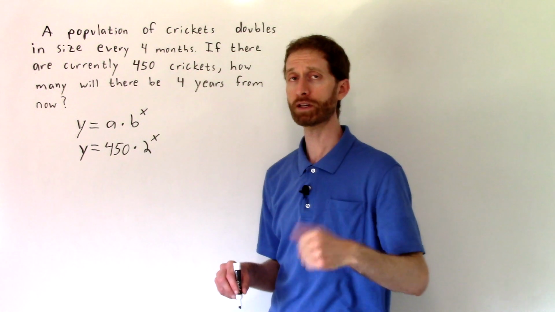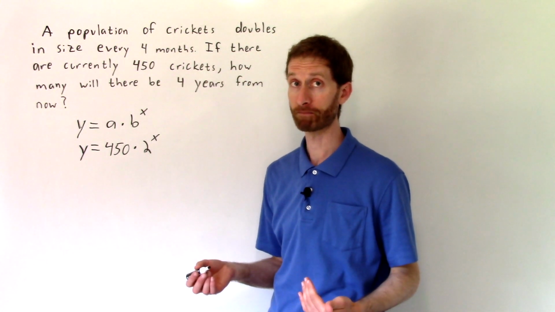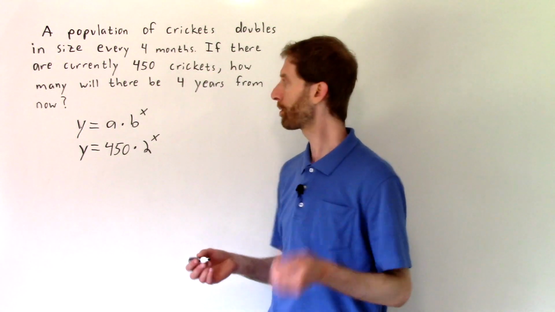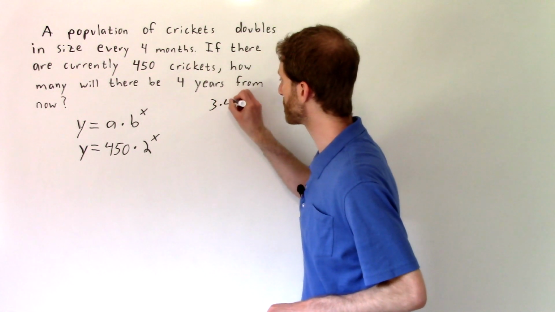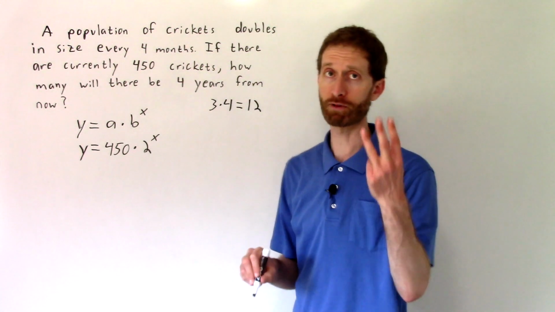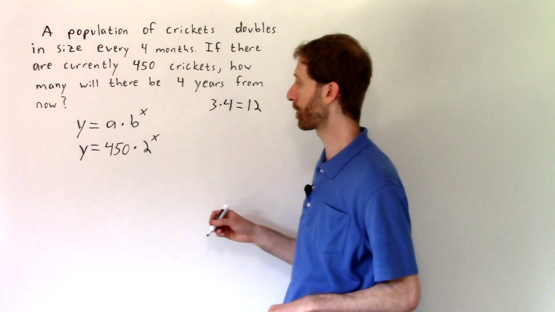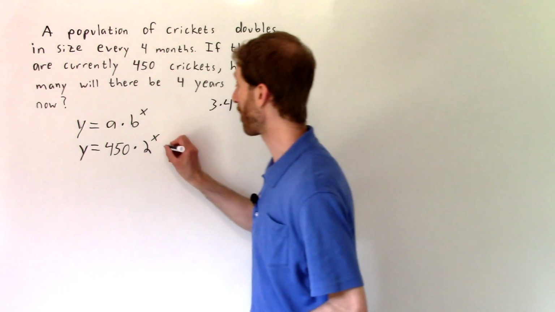So it's 12 months in a year divided by 4, which gives us 3 times that we're going to double in a year. So if we double 3 times per year over 4 years, that's a total of 12 doubles, right? 3 times 4. So what that means is the x value, the number of times we're going to double, is 12.